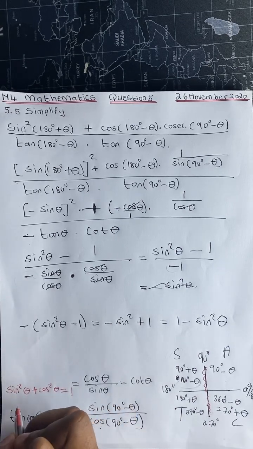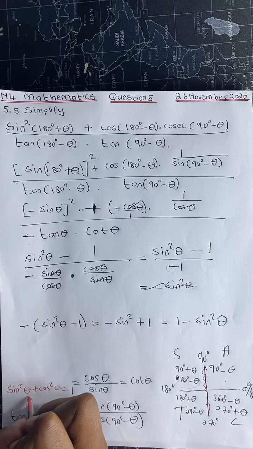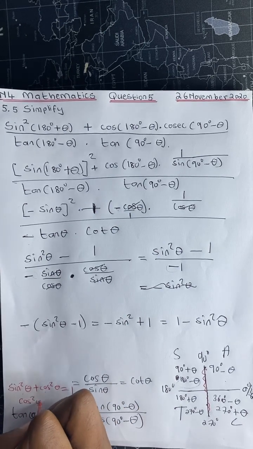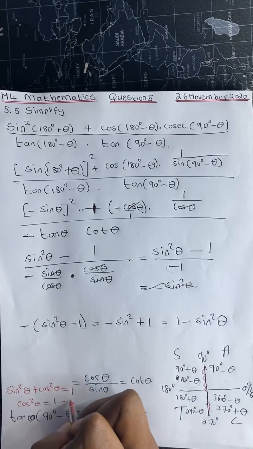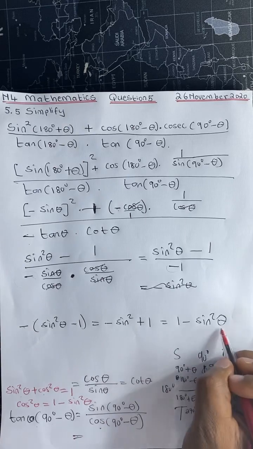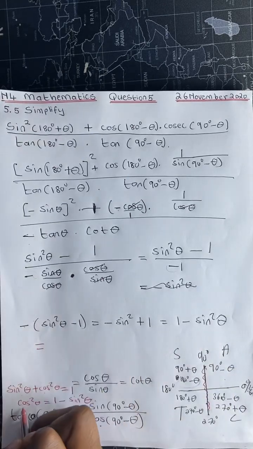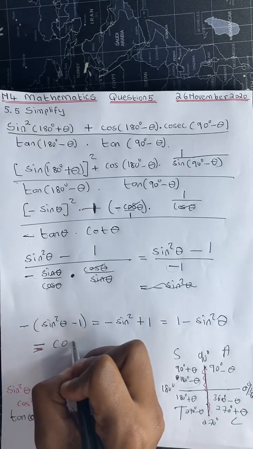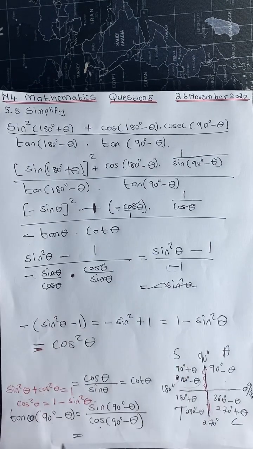So now we take this sin squared theta to the right. So cos squared theta will be equal to 1 minus sin squared theta. So in the place of that 1 minus sin squared theta, we will substitute cos squared theta.